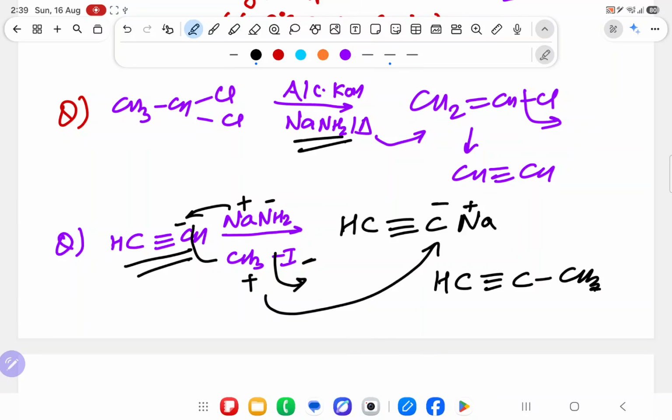If only one Cl is there, then it will do elimination. If Cl is not there and an alkyne group is there, then it will do an acid-base reaction. Na will come, and a salt will form. Then CH3I will break like this, minus plus. Plus will attack over here because it is already minus. So plus will attack here, minus will attack here. So outside you will get NaI, but the byproduct is not that important. This is all about the E2 bimolecular elimination reaction.